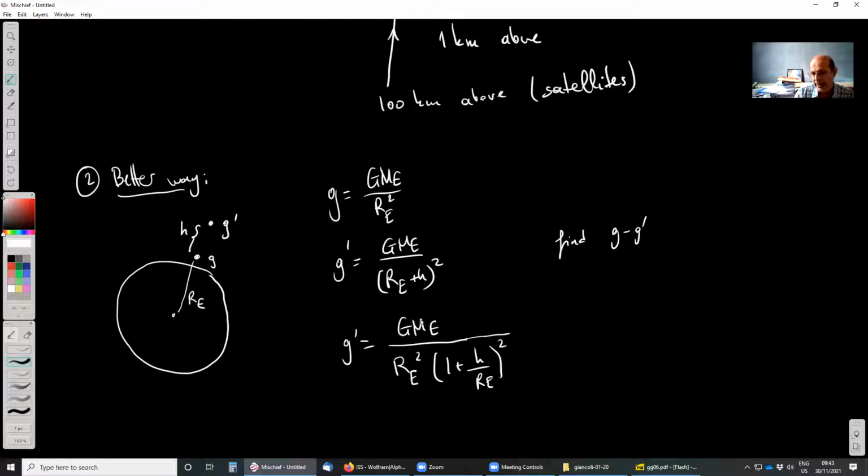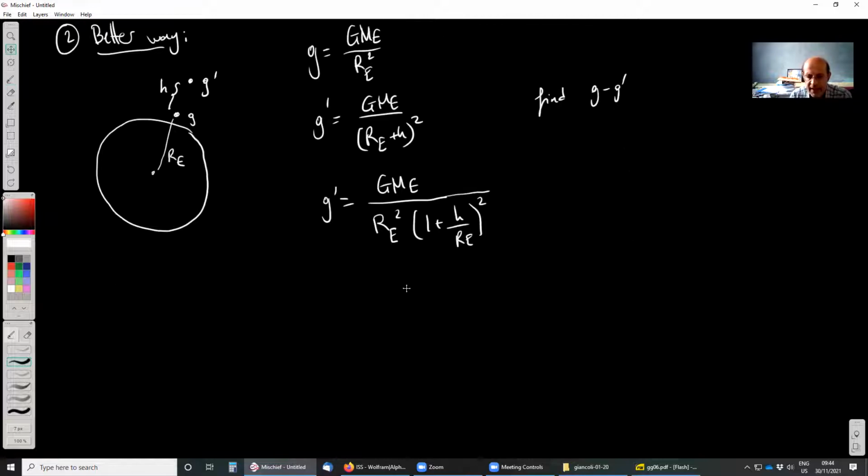So there are these two simplifications in here. First, we have this thing in here that already has a name. I know that I can replace this with gravity. All right, let me undo all of this and write this thing down like that. So g prime can be written as the gravity divided by 1 plus h divided by Re, squared, right?